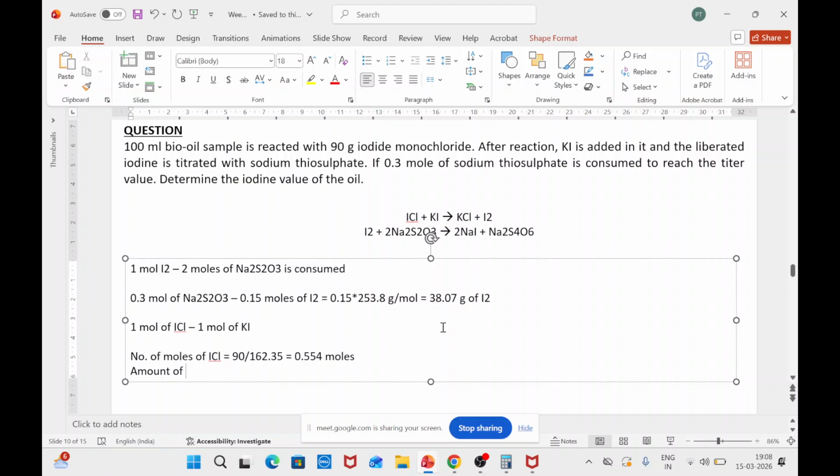Then how to proceed? What will be the amount of I2 released in the reaction? That is also going to be 0.554 moles. Yes, is it fine?